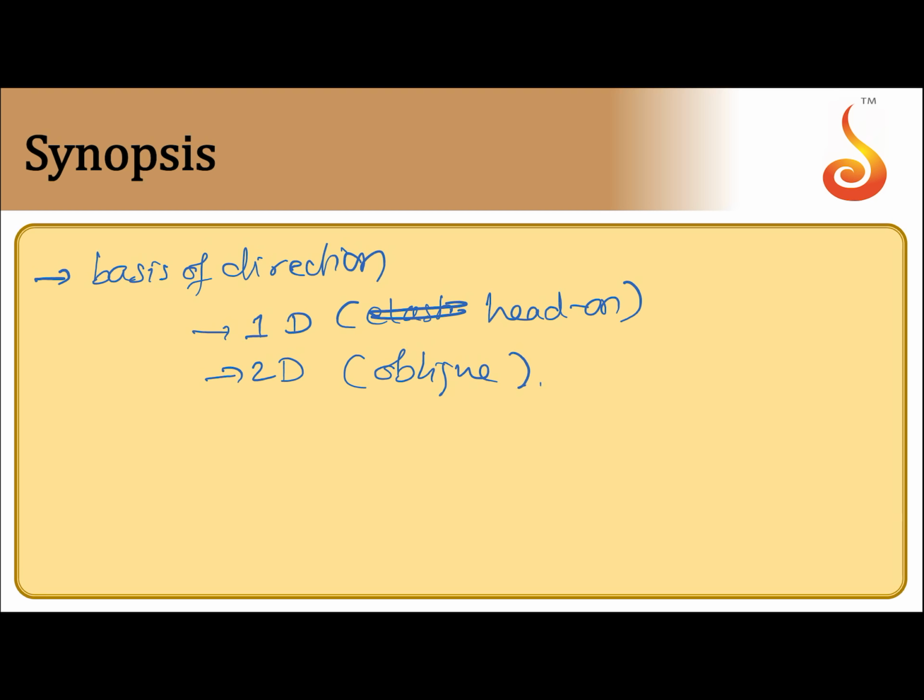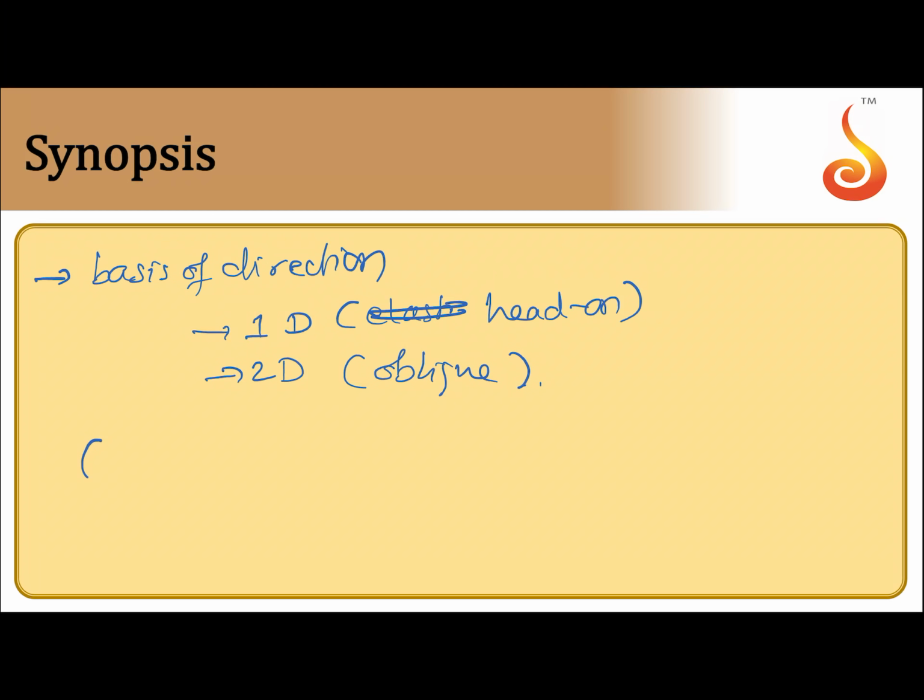What is a 1D collision? The colliding particles before and after the collision travel along the same straight line.